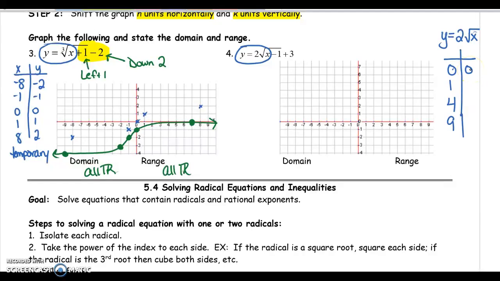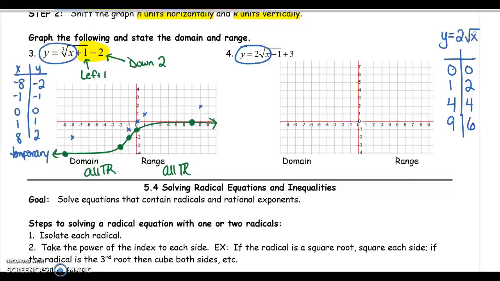And then 1 times 2 is 2. Plug in 4. The square root of 4, 2. 2 times the 2 is 4. And now 9. The square root of 9, 3. Then multiply that 3 times the 2, 6.